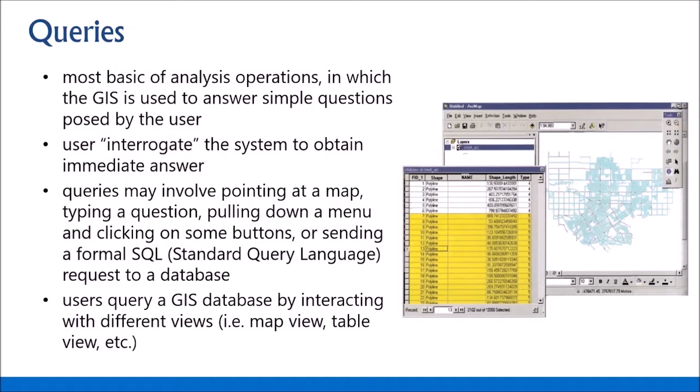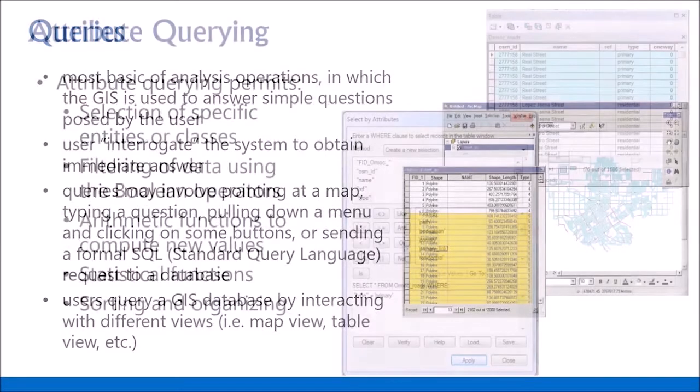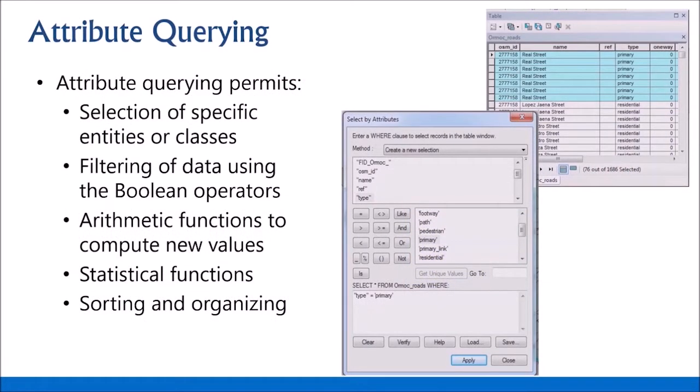So the user interrogates the system to obtain answers. And this is done by sending a formal SQL or standard query language request to a database. Querying also involves attribute querying. So in this example, you have here select by attributes.